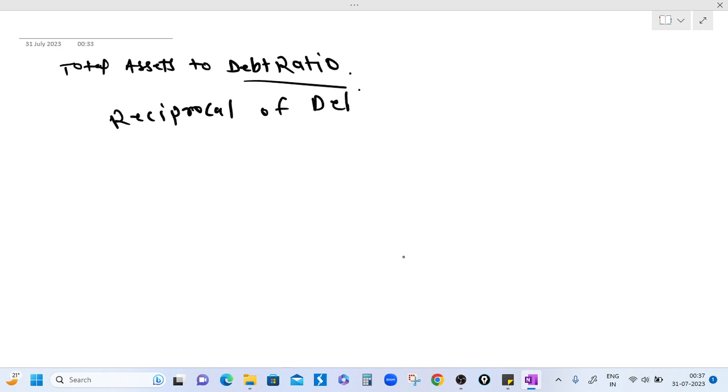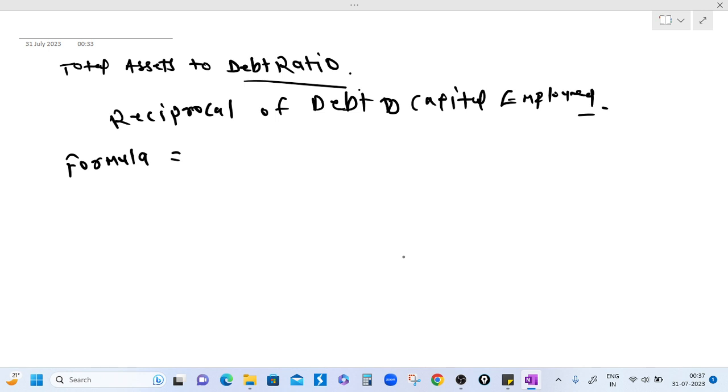Debt to equity, debt to capital employed ratios. Okay, capital employed ratio. So what is the formula to calculate this ratio? Formula to calculate total asset to debt ratio is total asset divided by debt.